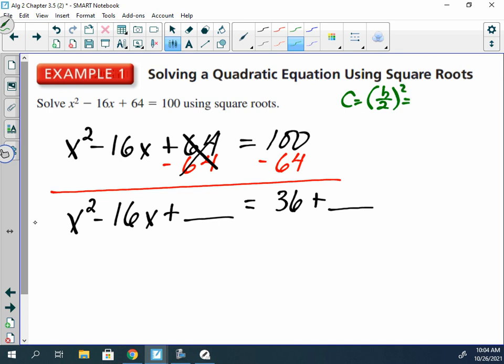Now for finding the value of C, I always do that work off to the side so that we have space to continue on with the problem.